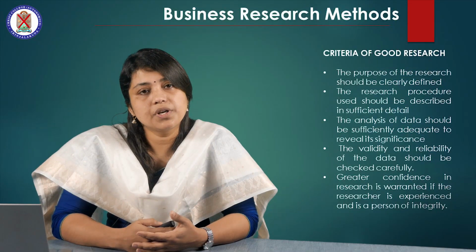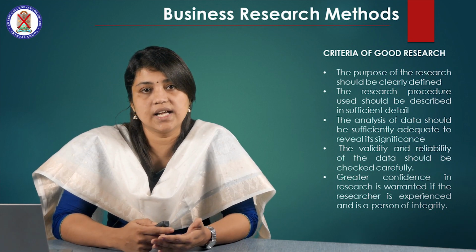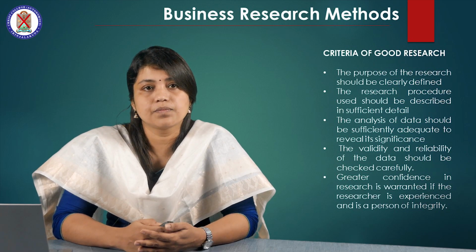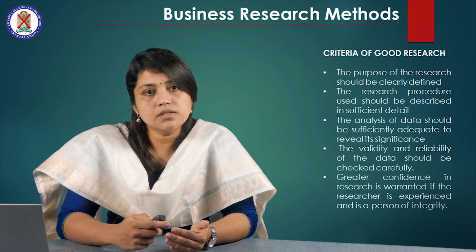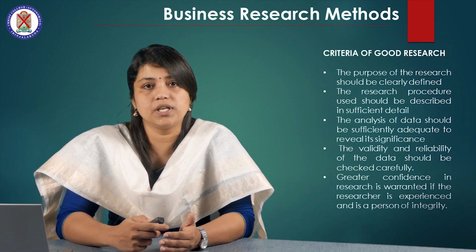If we talk about criteria, one of the important characteristics of a good research is that the purpose of research should be clearly defined. That means the research procedure should be described in sufficient detail.